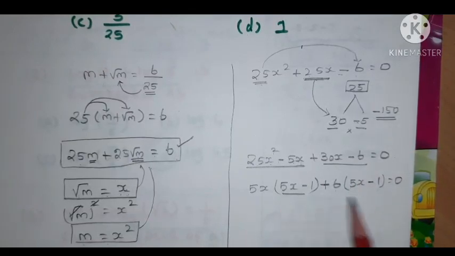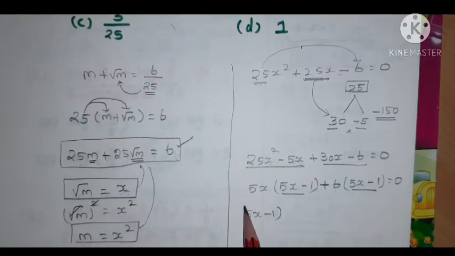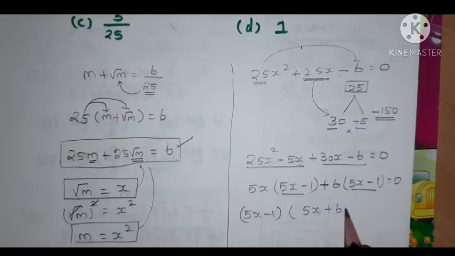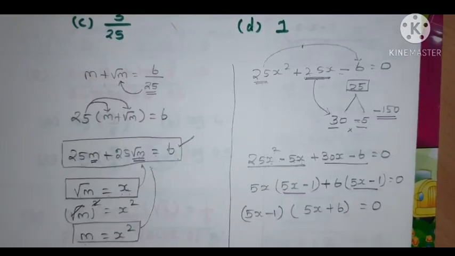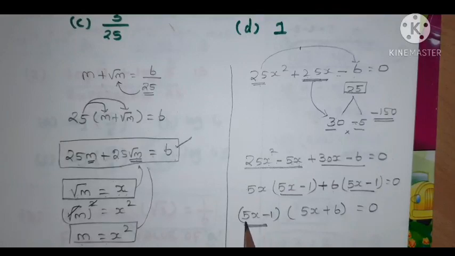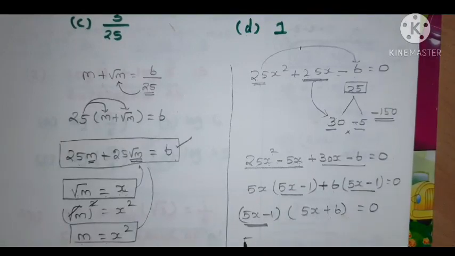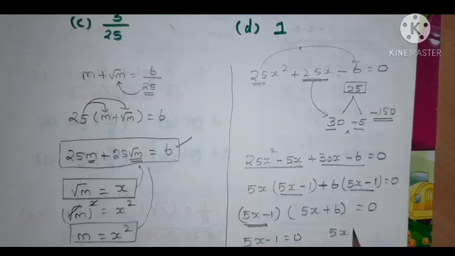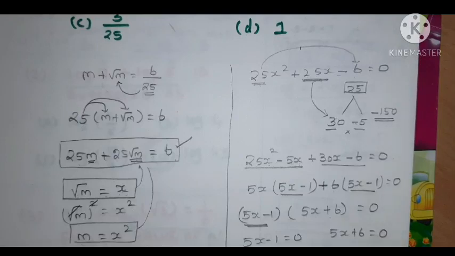Now 5x minus 1 is common, I'm taking it outside. So 5x minus 1, and the rest of the things, 5x plus 6, is equal to 0. Now we got two factors, 5x minus 1 and 5x plus 6. So this can be written as 5x minus 1 is equal to 0, and 5x plus 6 is equal to 0.